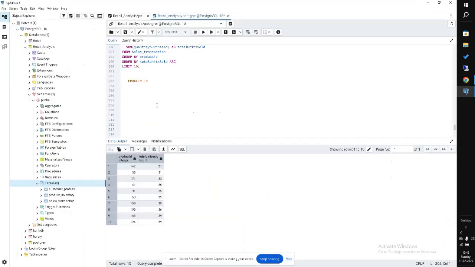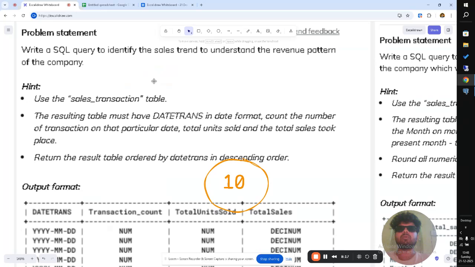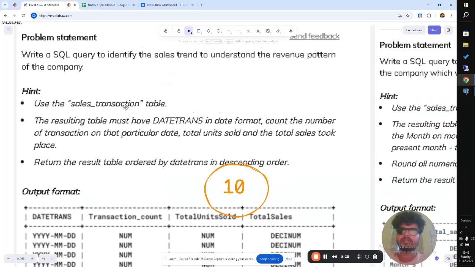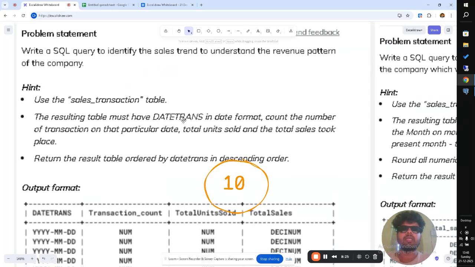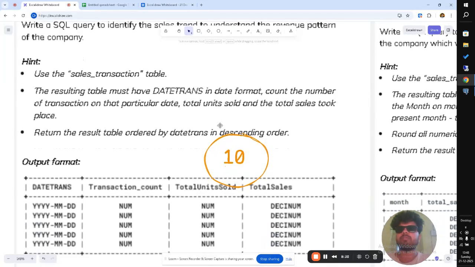So problem name, I can give it, identify sales trend. We are using the same table, sales transactions. The resulting table must have the transaction date in a date format, the count of transactions on that particular date, total units sold, and total sales. Return the result ordered by transaction date in descending order.